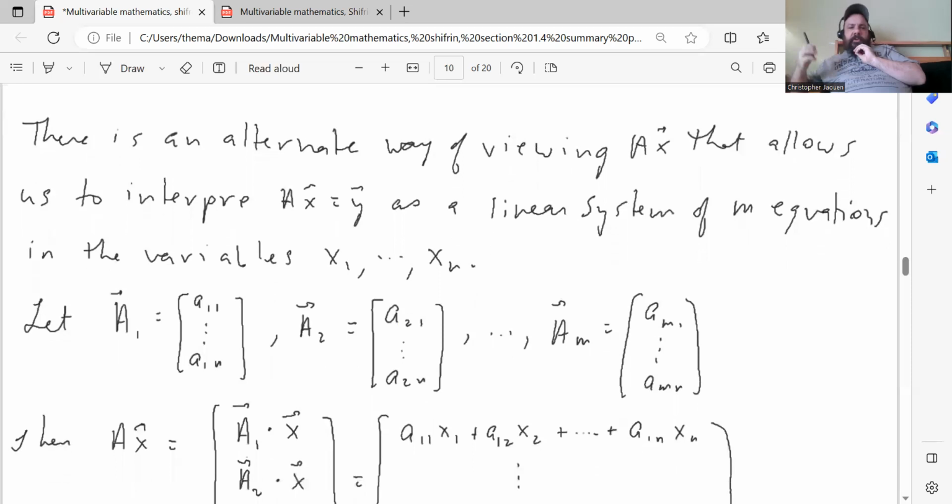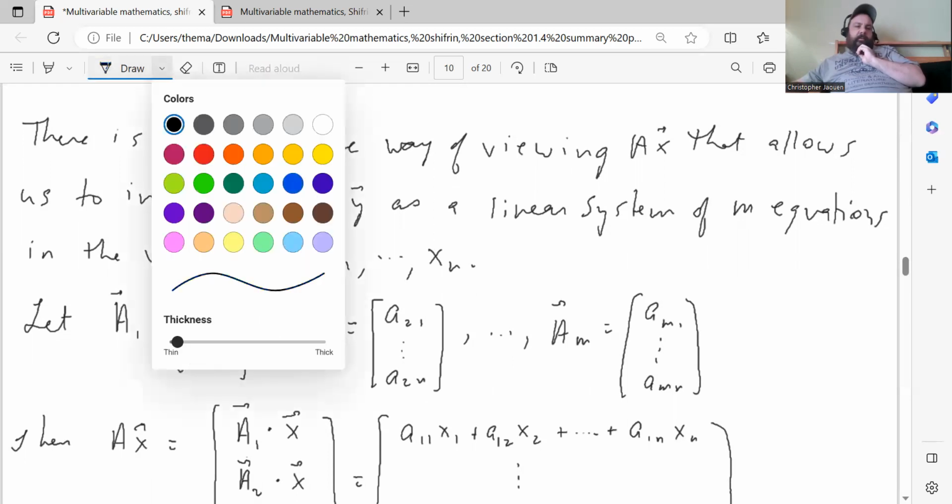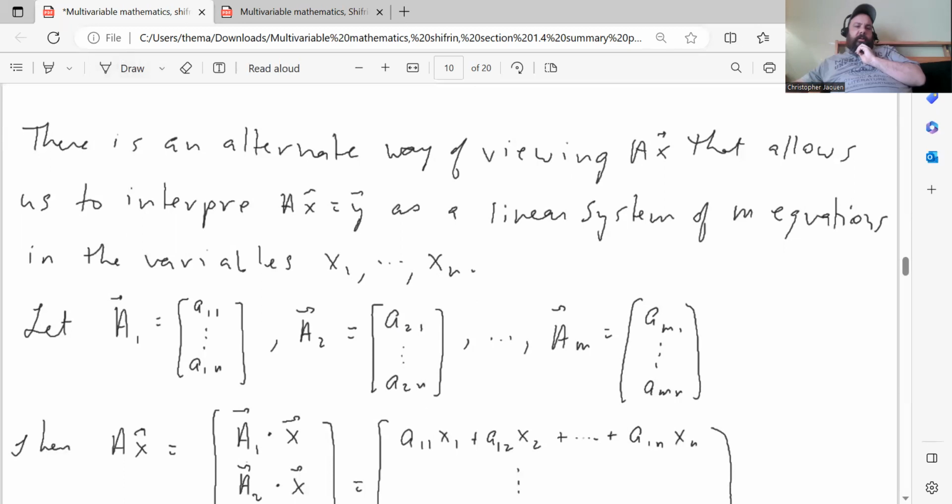Right, there's also an alternate way of viewing Ax that allows us to interpret Ax equals y as a linear system of m equations in the variables x1 through xn.